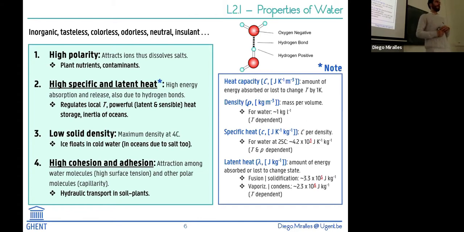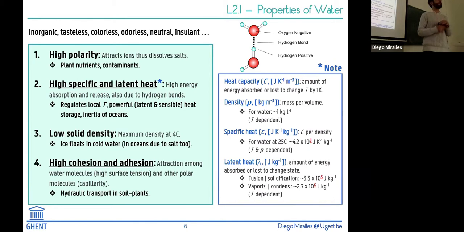That is what happens in nature, as I mentioned before. But if you go to a region that has snow, then it will be quite important to think of the latent heat of fusion: how much energy it takes to melt 1 kilogram of snow or ice, right? One thing to bear in mind is that fusion and solidification are symmetric processes.